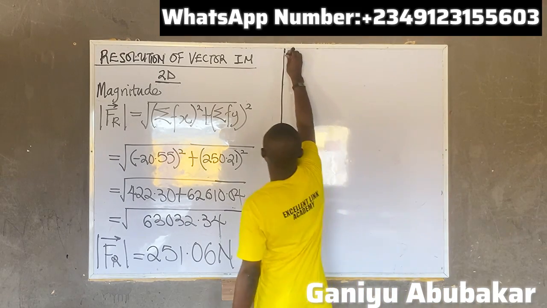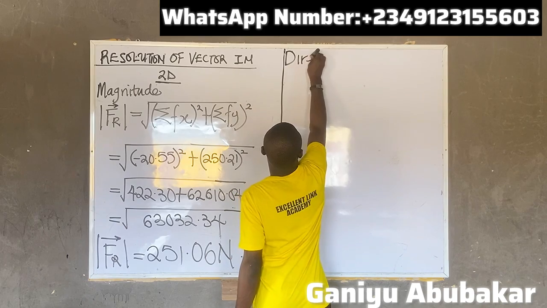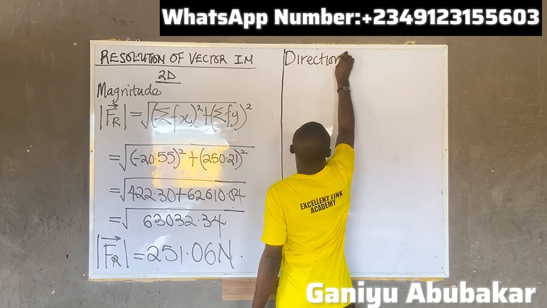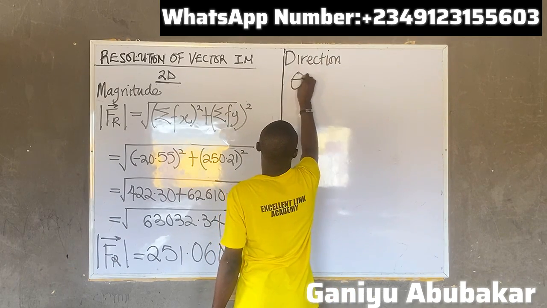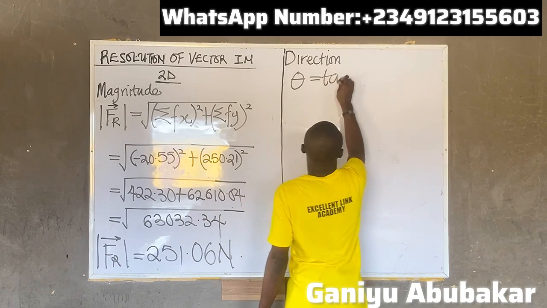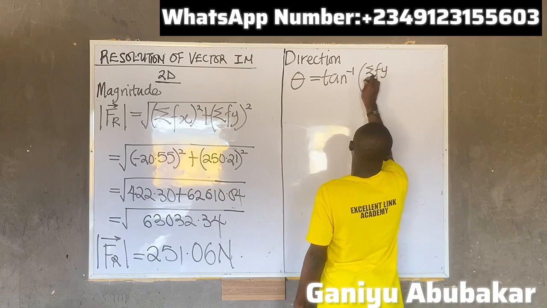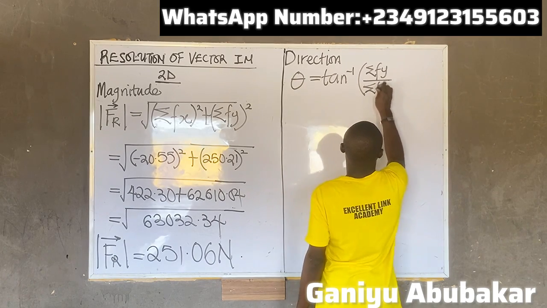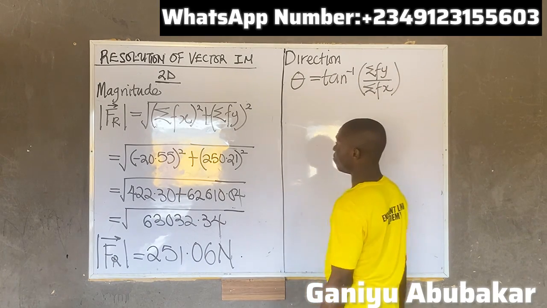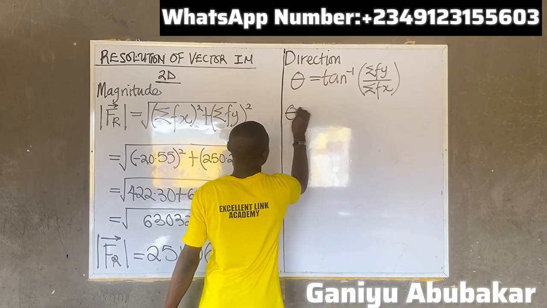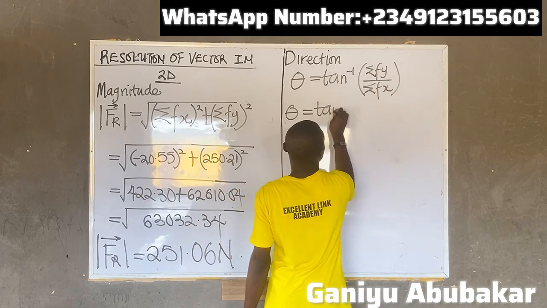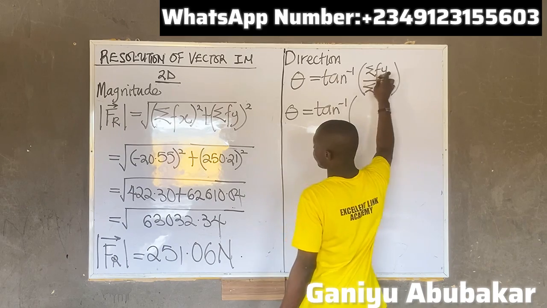So for direction, we said this gives you theta equal to the tan inverse of summation f of y over summation f of x. Putting values, this gives you theta is equal to the tan inverse of f of y.